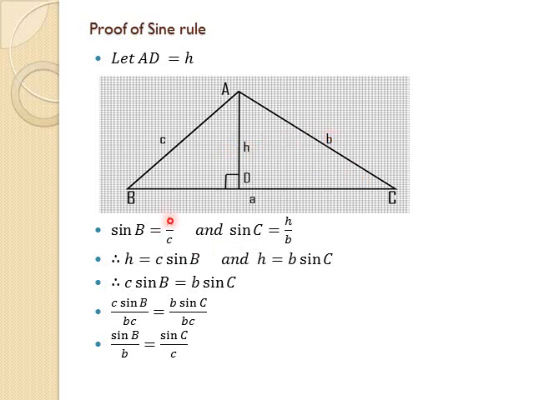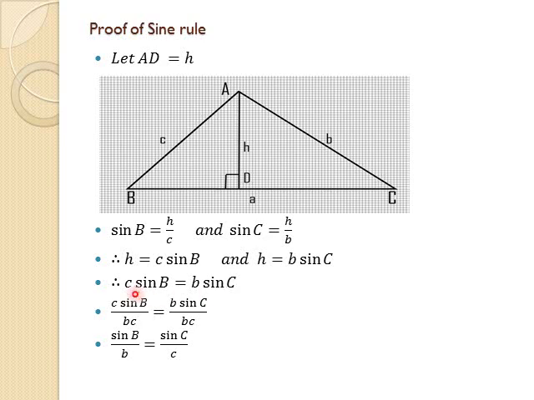If I make h the subject of the formula, you can see that h equals c times sine B, and h there equals b sine C. But h is the same for both of them, the same h. Therefore, I can say c sine B equals b sine C. Right?